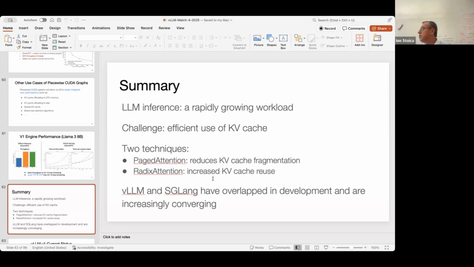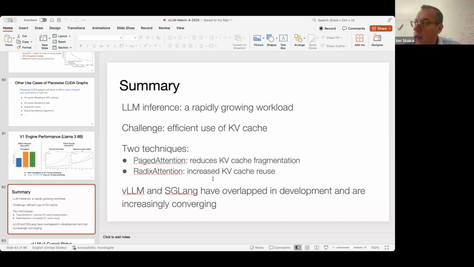I think that for instance, for DeepSeek, SGLang had a head start because it was focused on DeepSeek models very early on, supporting those models. So in some sense, vLLM is only now catching up with that. So that will be SGLang.